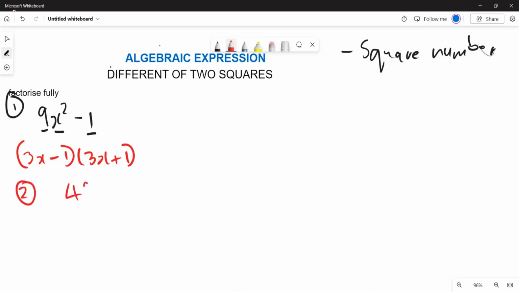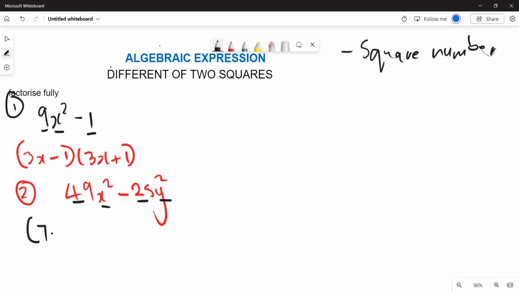Now let's look at a second example. We are given 49x squared subtract 25y squared, right? Can you see that these are still square numbers, with x squared and y squared? So we are going to do the same thing. What is the square root of 49? It's 7.